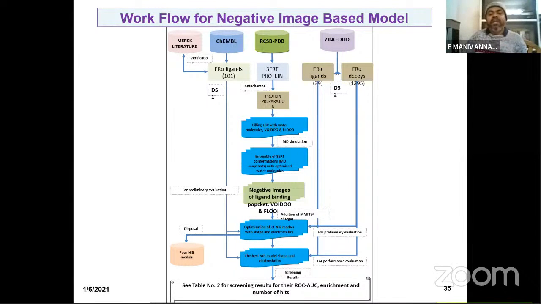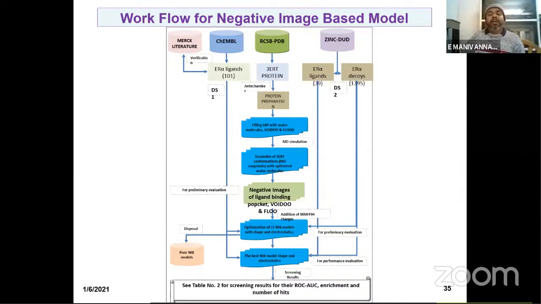So with the optimized water molecules, we took snapshots from the MD, this ensemble of structures, and then the negative images of the ligand binding pocket are derived using Vo Ido and Float, and we added charge with the molecular mechanics force field MMFF94, adding electrostatics to the shape of these negative images.